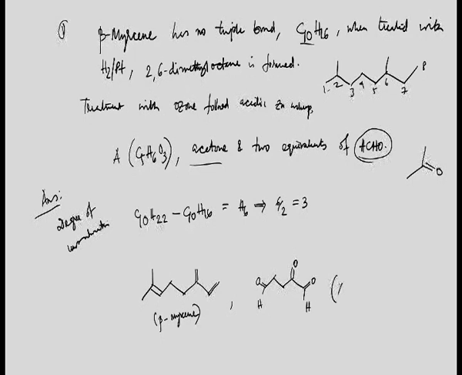So, this is A, C5H6O3. So, this is A and this is beta myrcene.